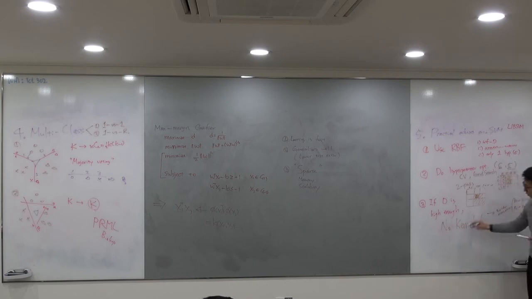So if you don't use a kernel, people sometimes call it linear SVM. Just the naive maximum margin classifier. If you use linear SVM, you have several advantages, such as less computation and fewer parameters, and still decent performance.